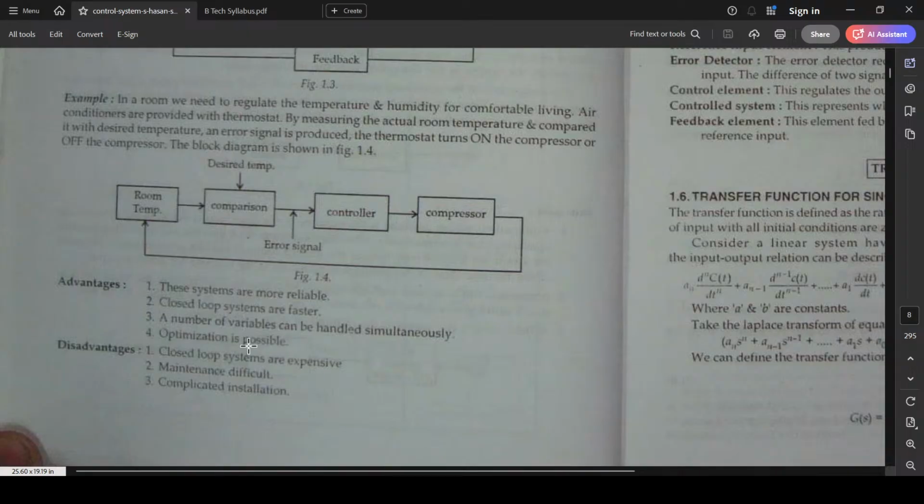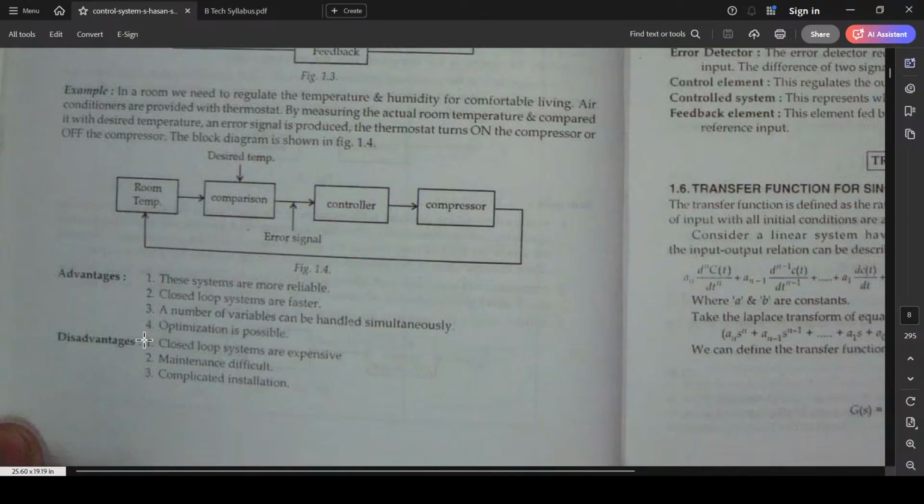More reliable, faster, optimization. This is called optimization. We can do optimization according to our need. We can set the desired temperature. Closed loop systems are expensive, because there's an extra component called feedback.